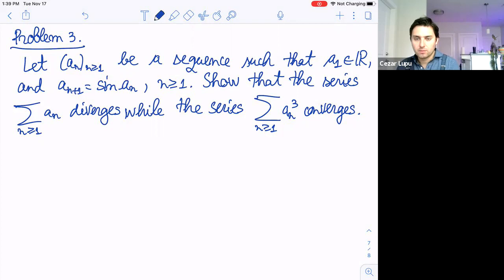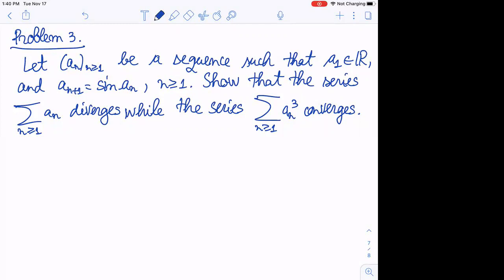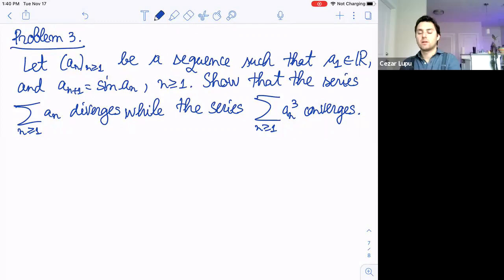Based on what we said in the previous problem, what would you do first before you even go and talk about the convergence or divergence of those two series? What is the first thing? Exactly. We look at the sequence and we study the convergence, right?